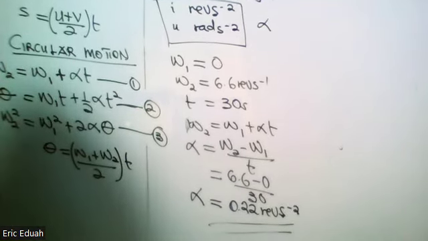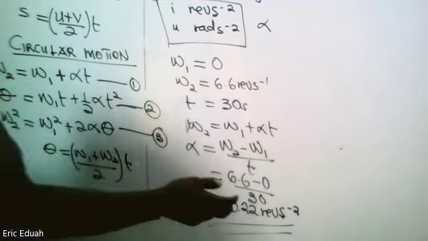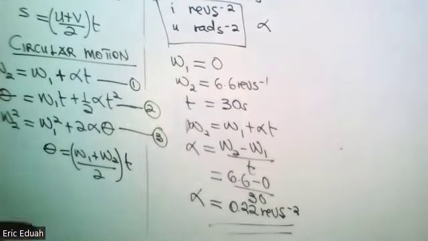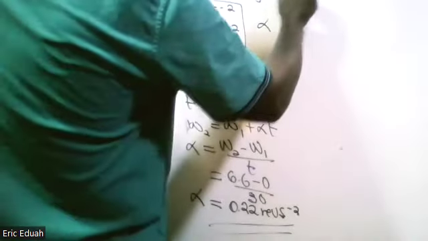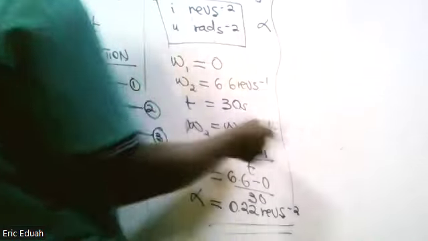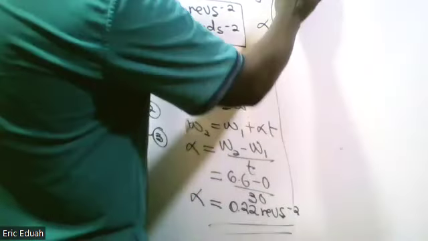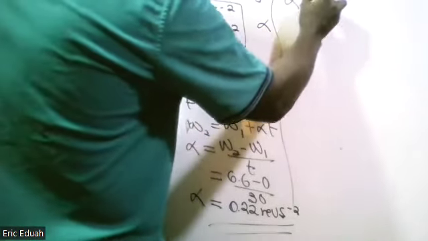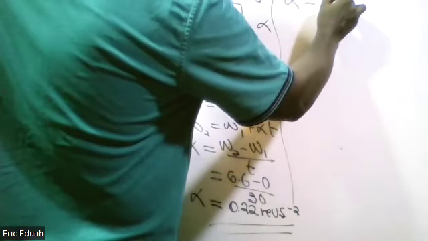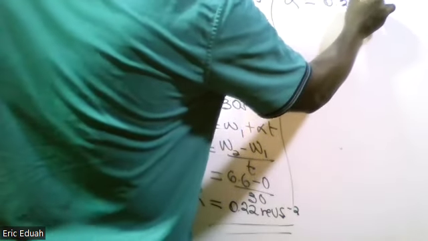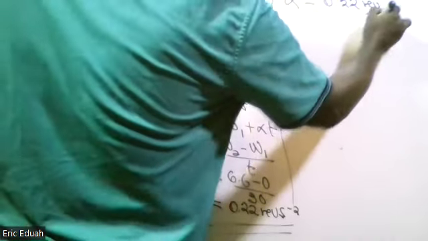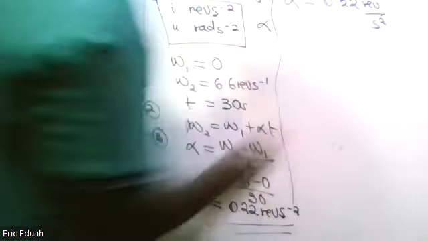The second part of the question, I can use the same results to do it. I am to find alpha this time in radian per second squared. So alpha is equal to 0.22 rev per second squared.